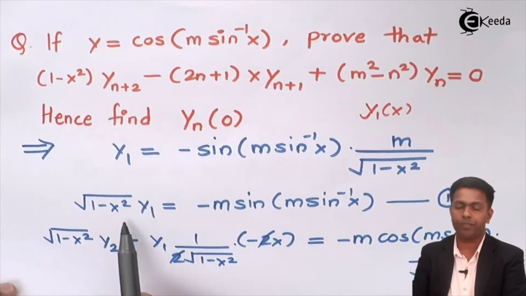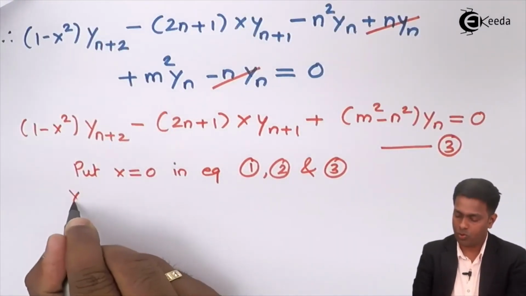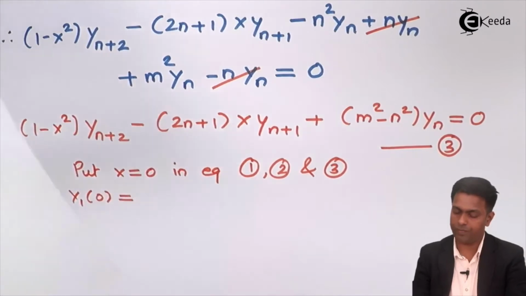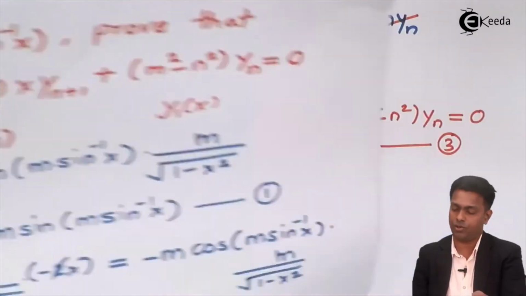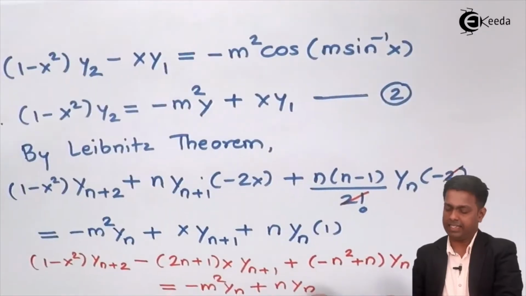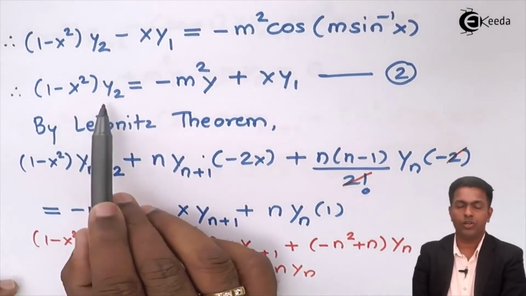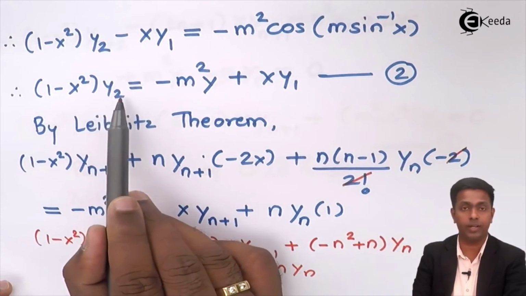If I put x as 0, here we'll get only y1. So y1 of 0 equal to, here x is 0, so sine inverse 0 is 0 and sine of 0 is 0. So it means guys we'll get the answer as 0. Next, this is equation number 2. If I put x as 0, this will be y2 only.